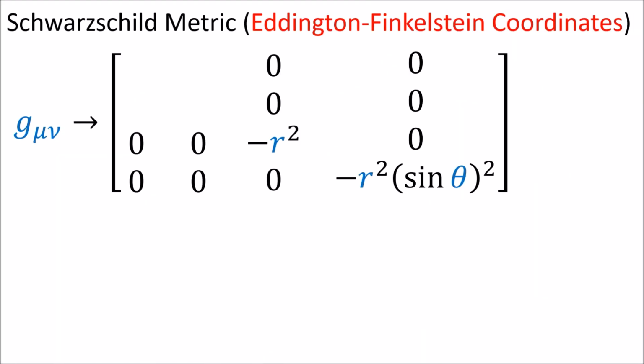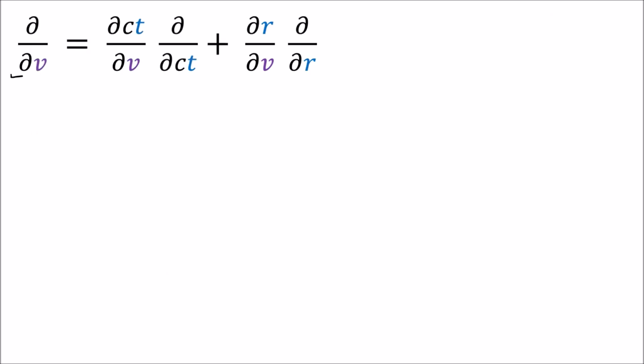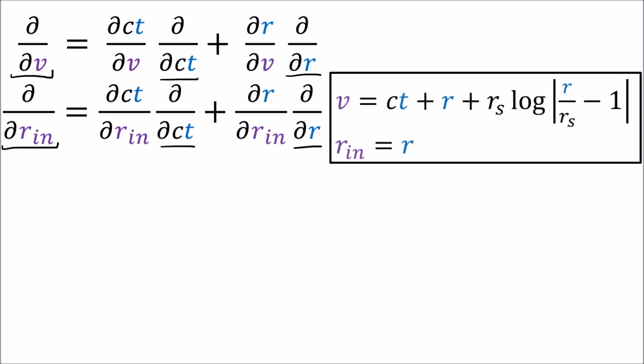Let's calculate the metric components for the Eddington-Finkelstein coordinates. Remember, the metric components are just the basis vector dot products. We can get the EF basis vectors for v and Rn from the Schwarzschild basis vectors for CT and r, using the multivariable chain rule to expand the vectors.